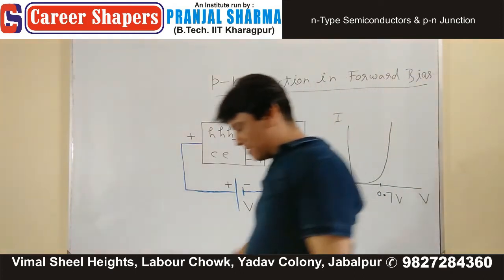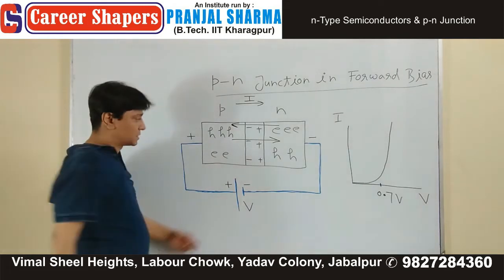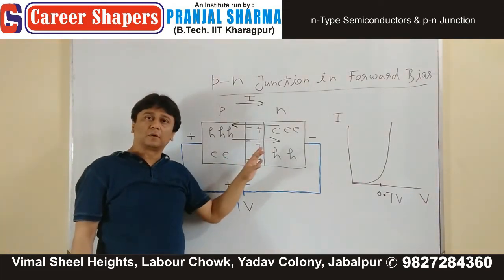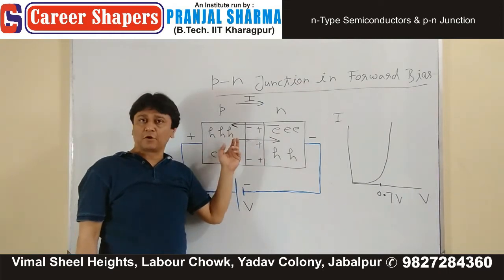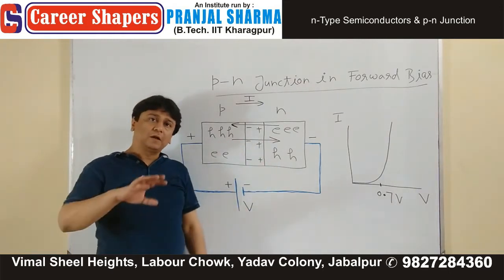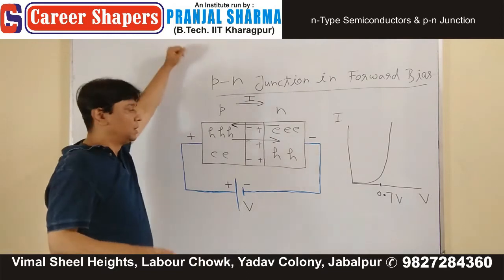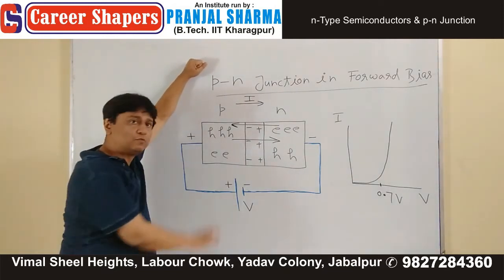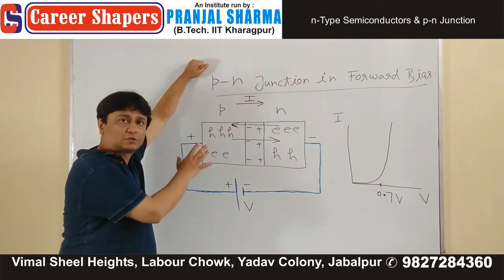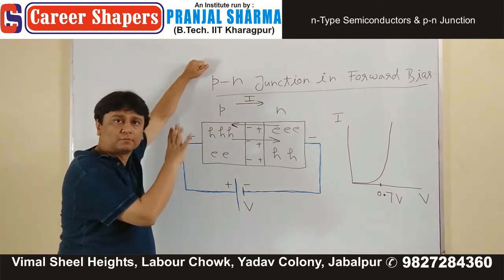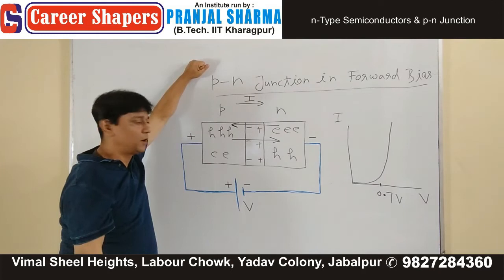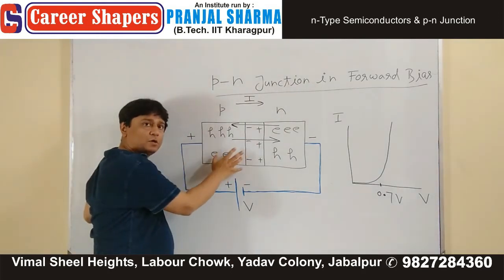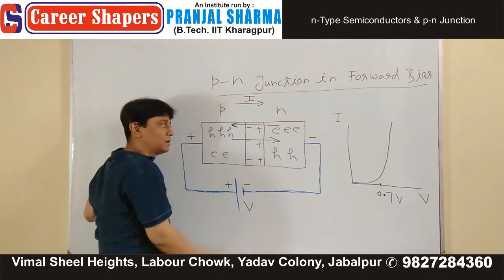Now, remember, I had told you that photons are coming, they are creating electrons and holes. So that thermal process is a function of temperature. It has nothing to do with voltage. So this process continues at all times. Photons are coming, they are breaking bonds, creating electron and hole pair.